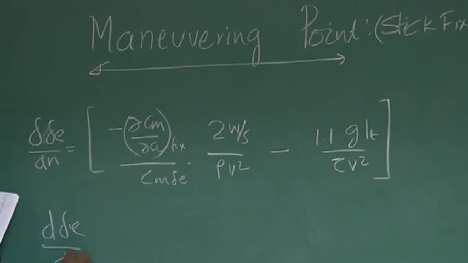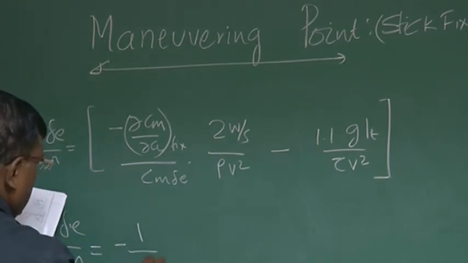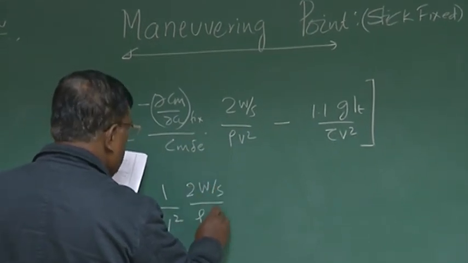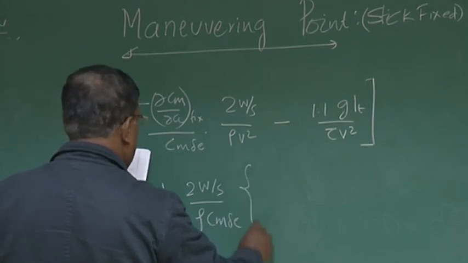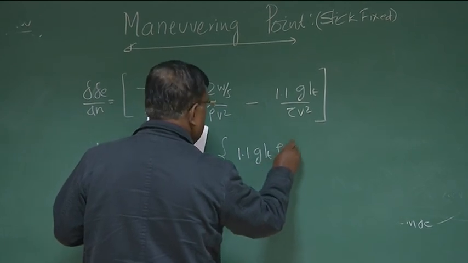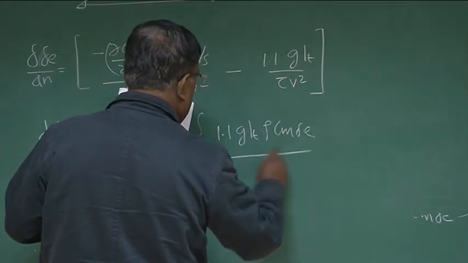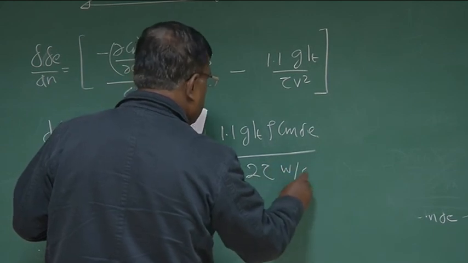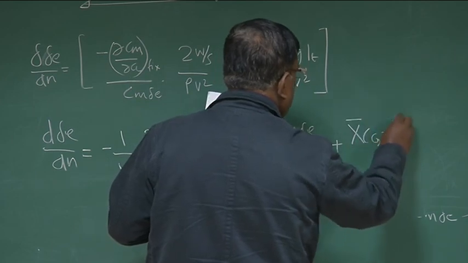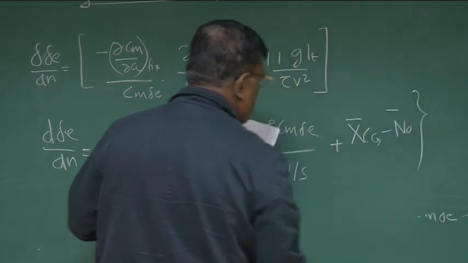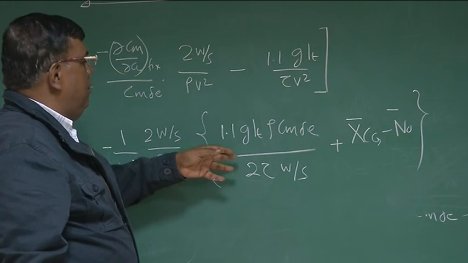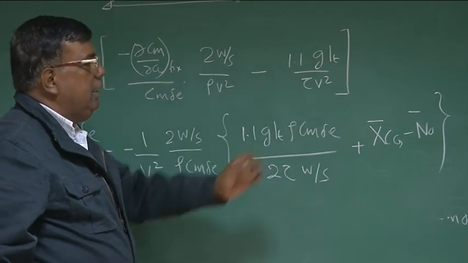D delta E by dn I can write as minus 1 by V square, 2 W by S by rho Cm delta E, into 1.1 g lt rho Cm delta E by 2 tau W by S plus xcg bar minus n naught bar. Nothing great we have done. We have just taken this common. Since in the first this term W by S was not there, I put W by S. So I get xcg minus n naught.